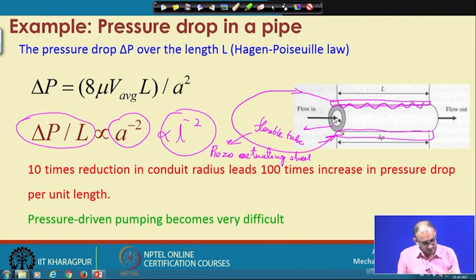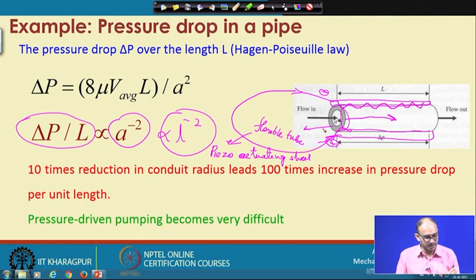If you provide a signal here, it will contract a little bit. It is something like squeezing a toothpaste. So it will create a wave, and because of that wave, the liquid will be pressurized and will move in this direction. That is one way you can pressurize it externally.